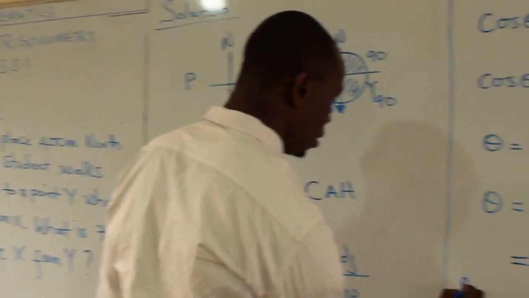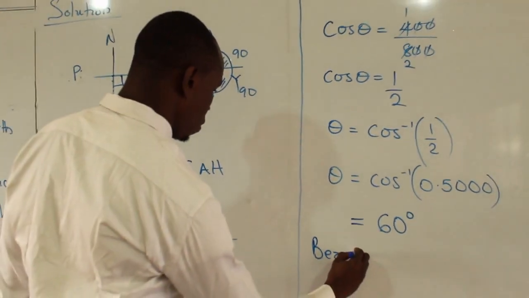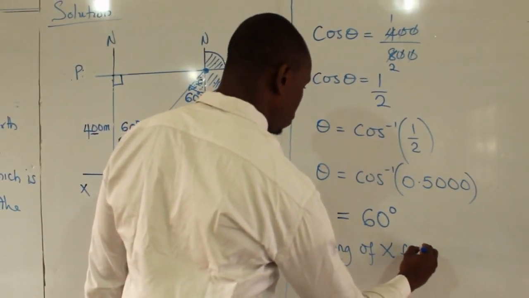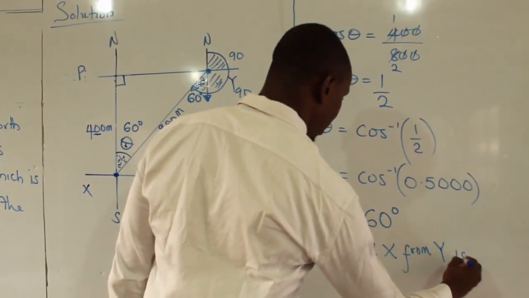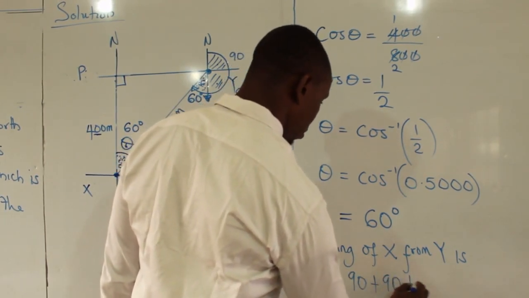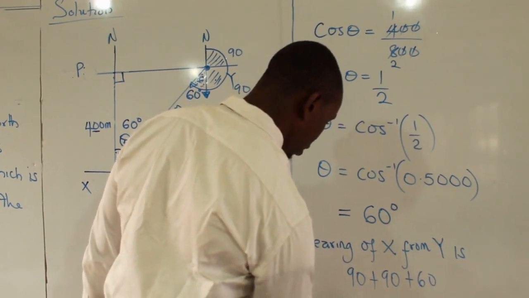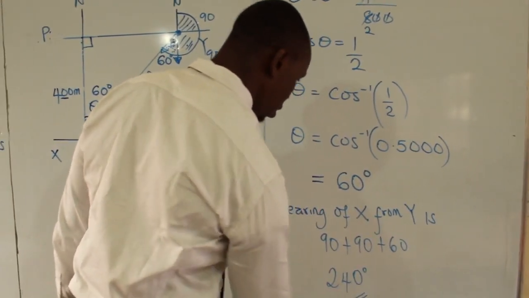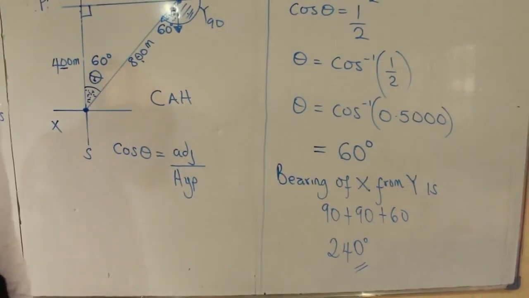Therefore, the bearing of x from y is 90 plus 90 plus 60. And if you do this, you're going to get 240 degrees.